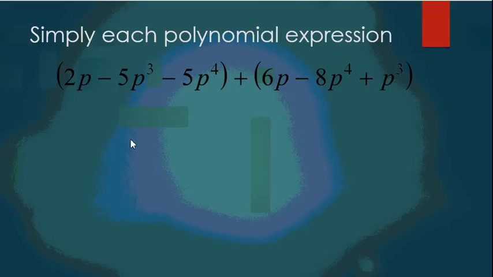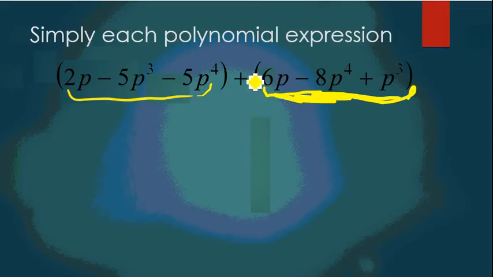In this example, we need to simplify each polynomial expression. So that means here's my first polynomial, here's my second polynomial, and I need to look at what I'm doing with them. I am adding them together.